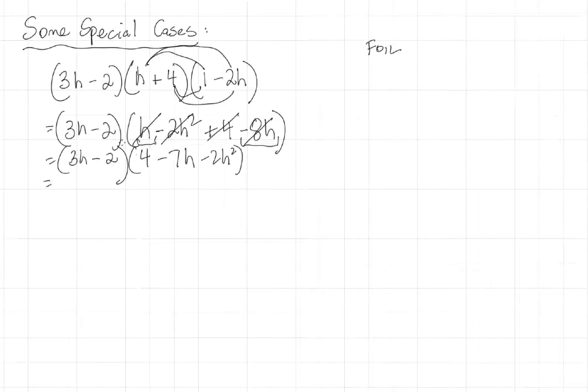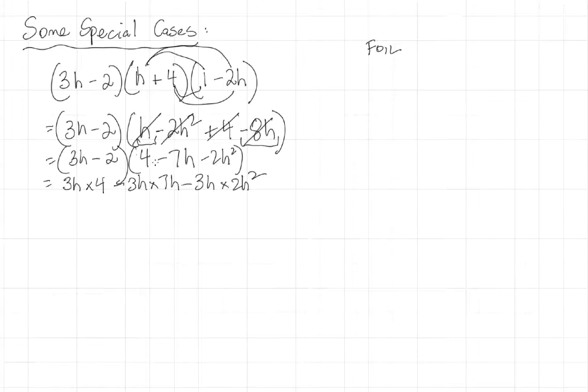The 3h will be distributed over every term in the second, so that will be 3h times 4, minus 3h, now that minus came down here, 3h times 7h. Minus 3h times 2h squared. Okay, so that's just the 3h times each of those.